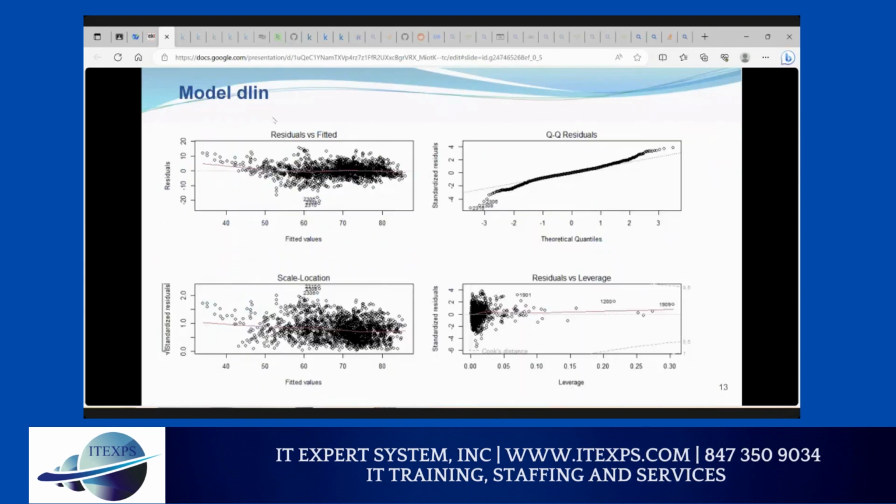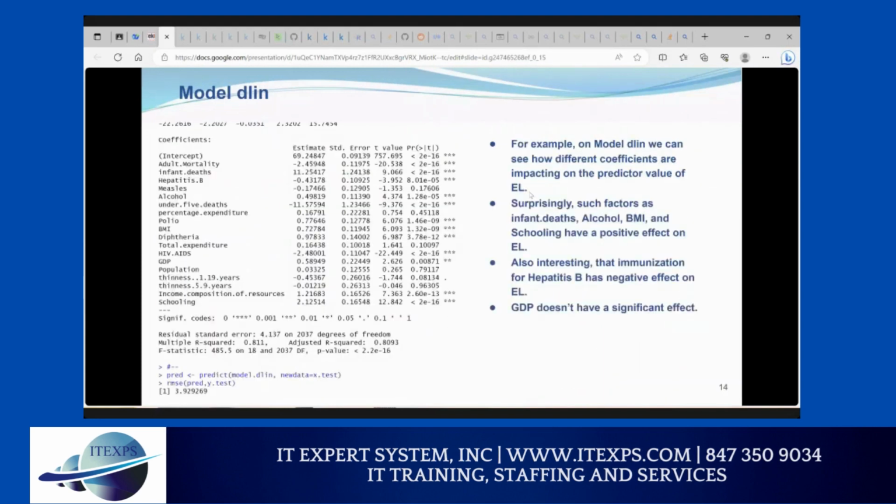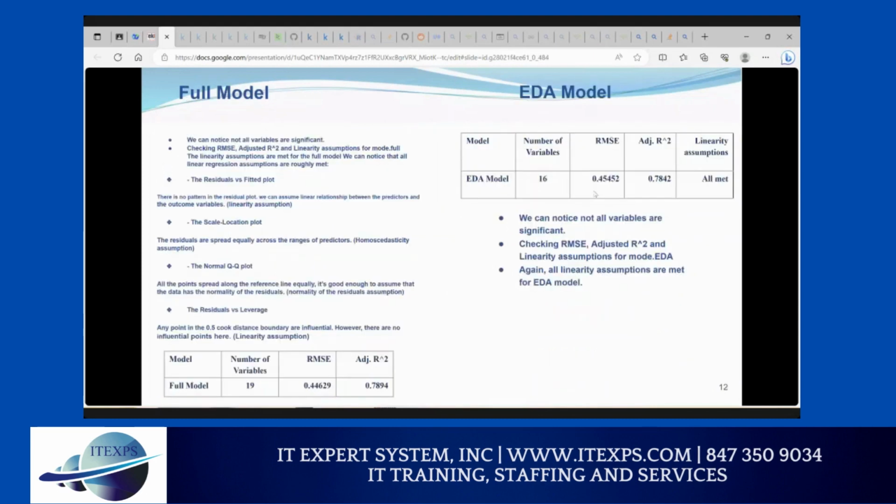Checking all these pictures and numbers, I can see that the data is not perfect, but it's suitable. The adjusted R-square is around 0.7, 0.8, so I'm okay, I will go with this.